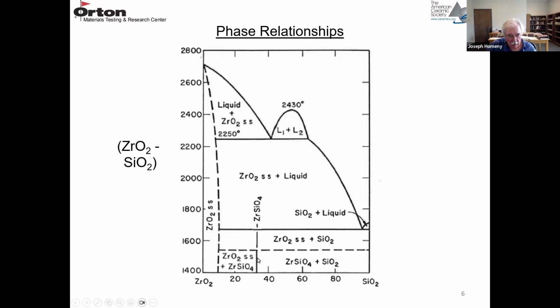So if you look at this compound zircon, as you heat it up, to the left here, the phase field is zircon plus zirconia. To the right, it's zircon plus silica. But this dotted line is 1540 degrees C. You cross that temperature, you decompose into zirconia and silica.